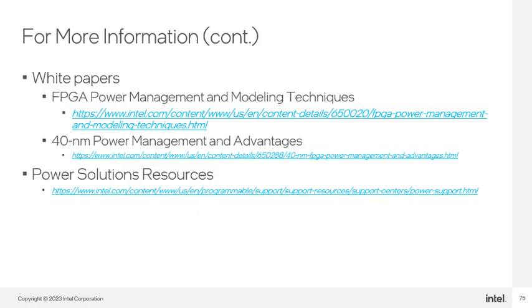Two white papers provide more detail about how power analysis works in general in an FPGA device. These are older documents, but they cover the basics of FPGA power analysis and are still applicable to current devices. Finally, you can find links to these documents and others at the Power Solutions Support Center on the Intel website.